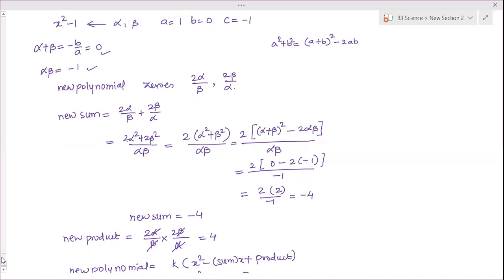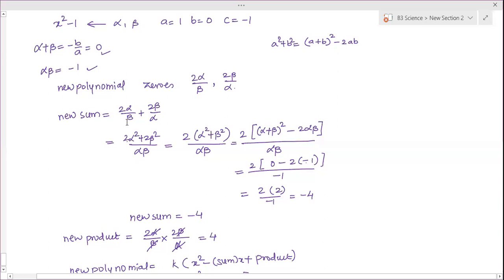Ma'am, I didn't understand the second step, that 2 alpha square plus 2 beta square. That is the LCM. Ma'am, but if we take alpha beta, the LCM should be alpha beta, no? So shouldn't there be a 2 here? Here you have to multiply this fraction with alpha, right?